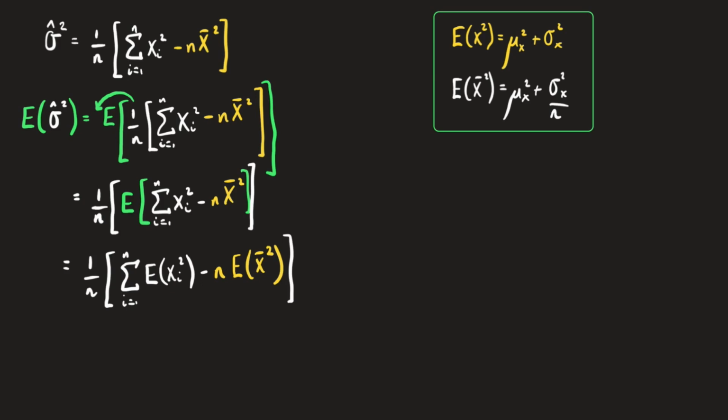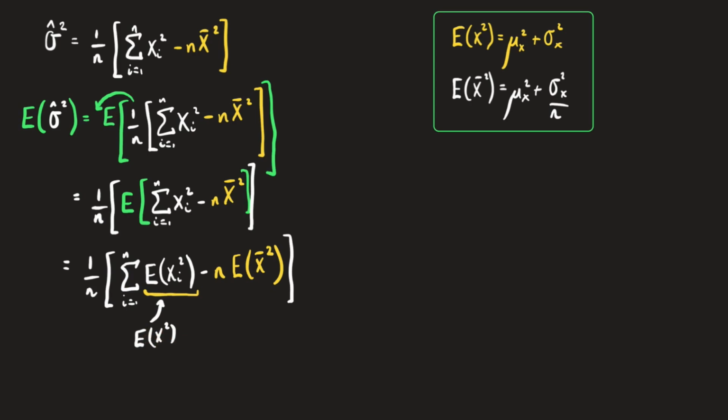Now, we know that the observations are independent and identically distributed, and they're randomly drawn from the same population. So this expectation of xi squared will just be equal to the expectation of x squared for all observations. So we can replace this expectation of xi squared with the expectation of x squared, and that's a constant within a summation, so that'll be expectation of x squared plus expectation of x squared n times.